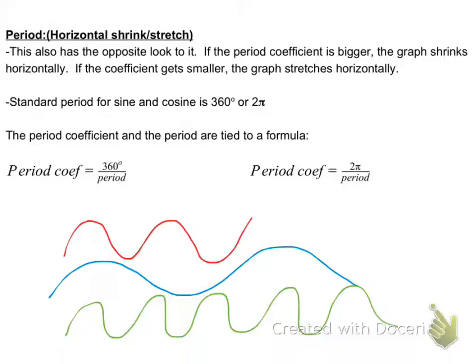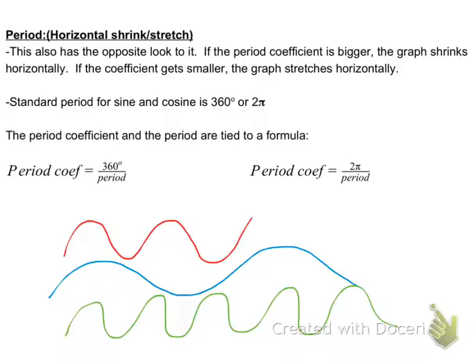So here we have the period coefficient in the middle, and this one's in degrees. The period coefficient, the number that goes into the equation, is what we need because we're writing equations.